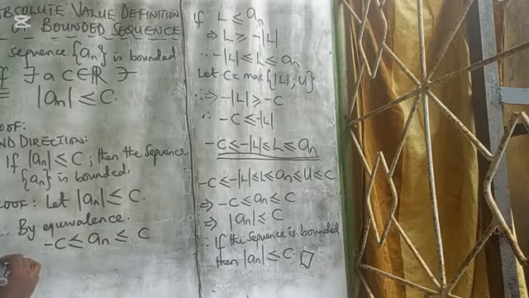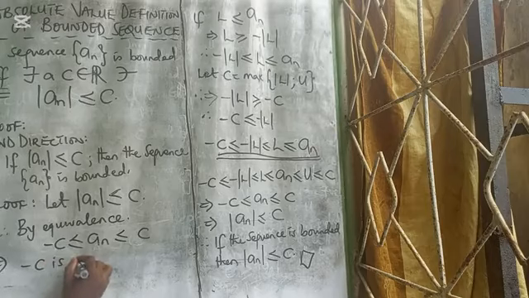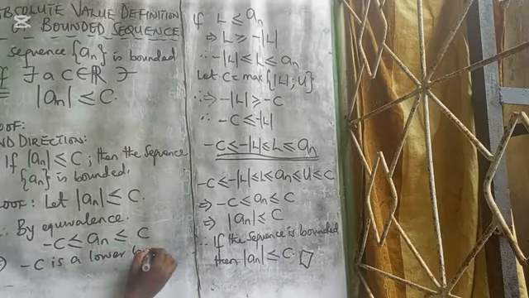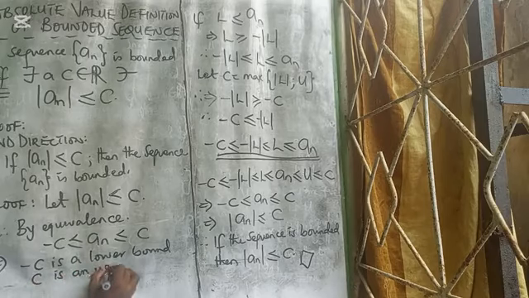This means that what? Our minus C is a lower bound and C is an upper bound.